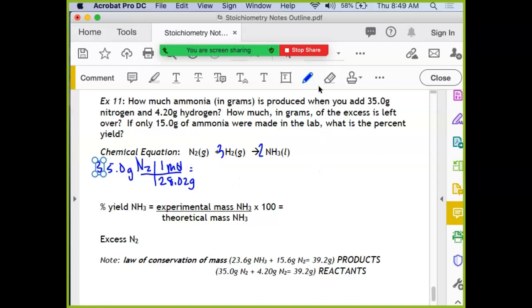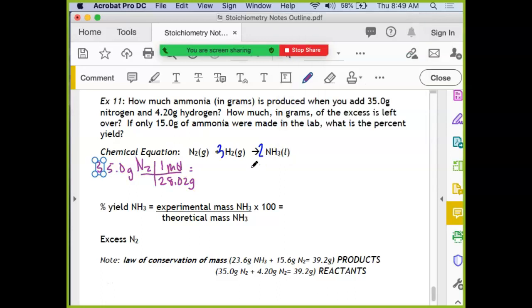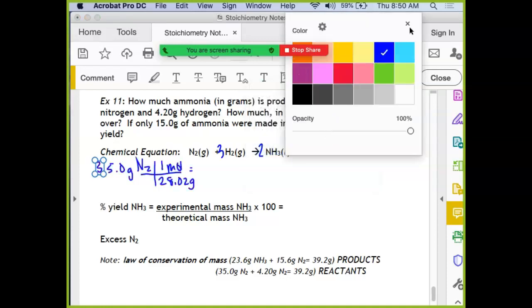Now over here, I'm going to do the hydrogen. I'm going to just try to do it in a different color so that we don't mix them up.